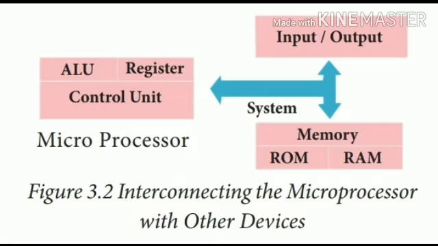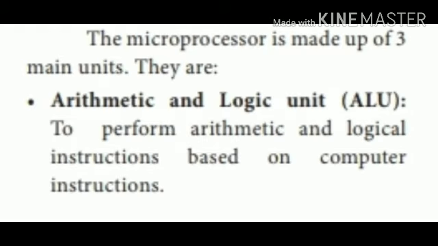The first one is the microprocessor itself. It includes ALU, register, control unit. We already learnt about these devices. The ALU is the arithmetic and logical unit, which performs the arithmetic and logical instructions.